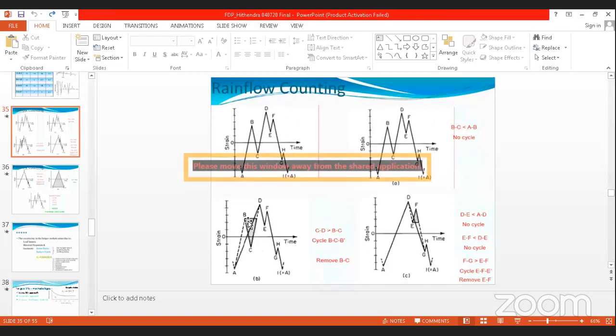We can close this one and extend a line from A to D. That means we have counted this as a cycle and noted these values. Similarly, E, F, and E dash can be made as a cycle.